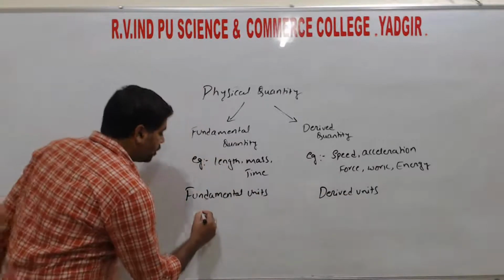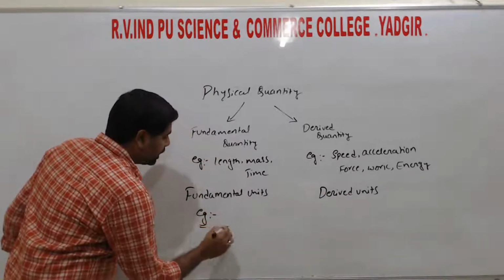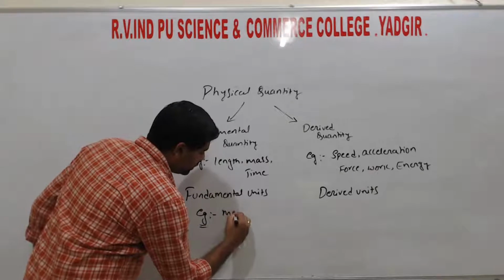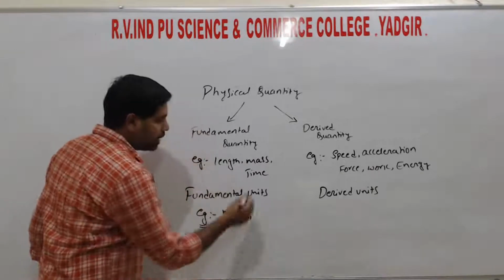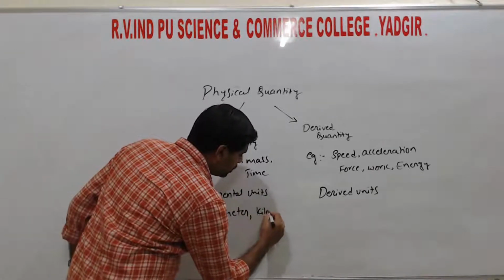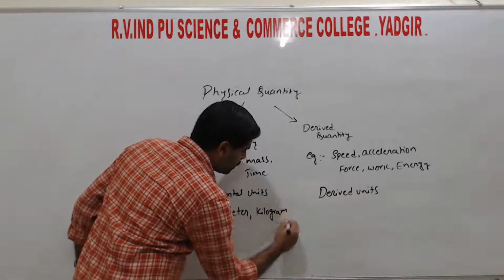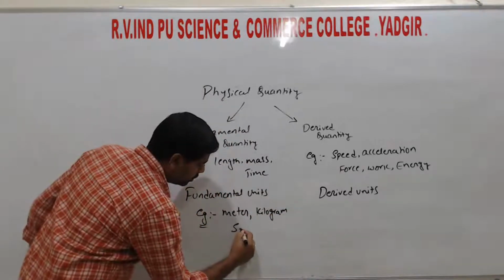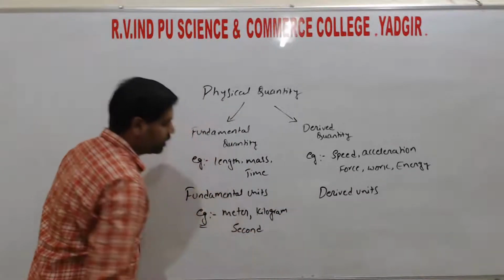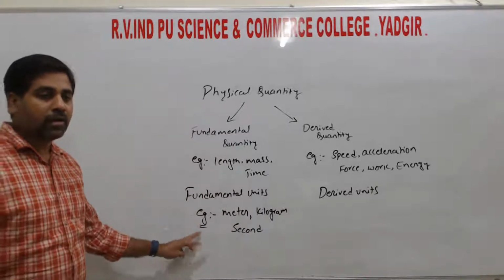For example, for length it is meter, for mass it is kilogram, and for time it is second. So these are the fundamental units.